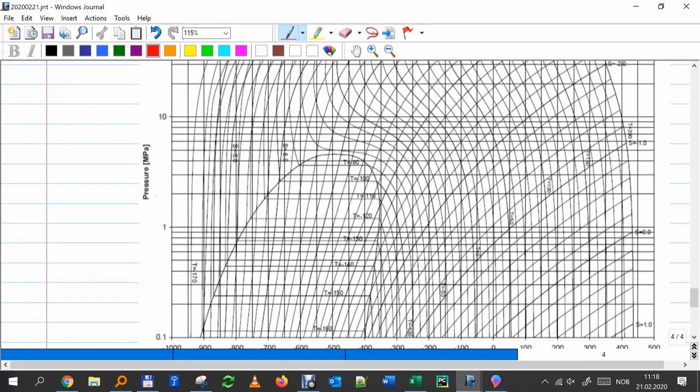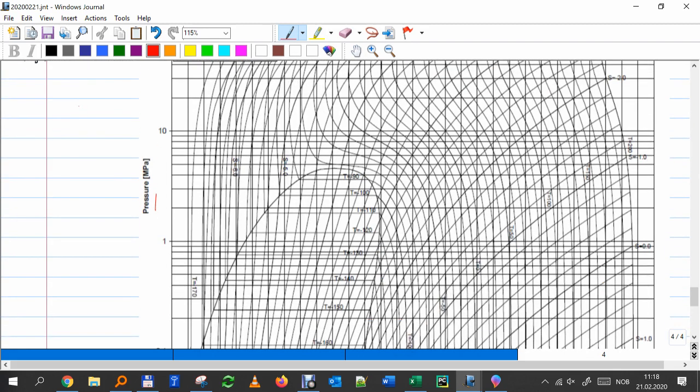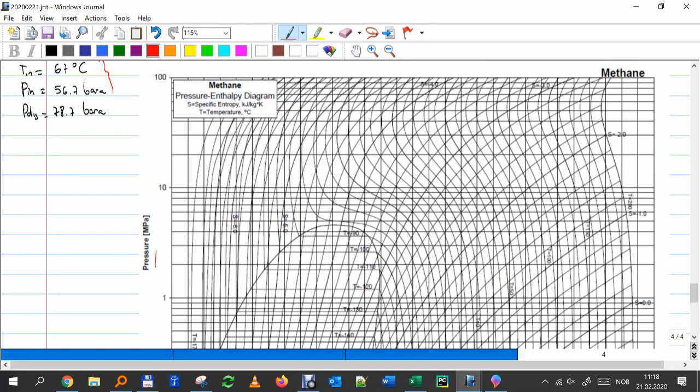First, in this chart, let's locate the inlet, these two guys, 67 and 56. Can you do that on the paper that you have? 56.7, how much is that in megapascal? Simply 5.67, right? So where is 5.67?